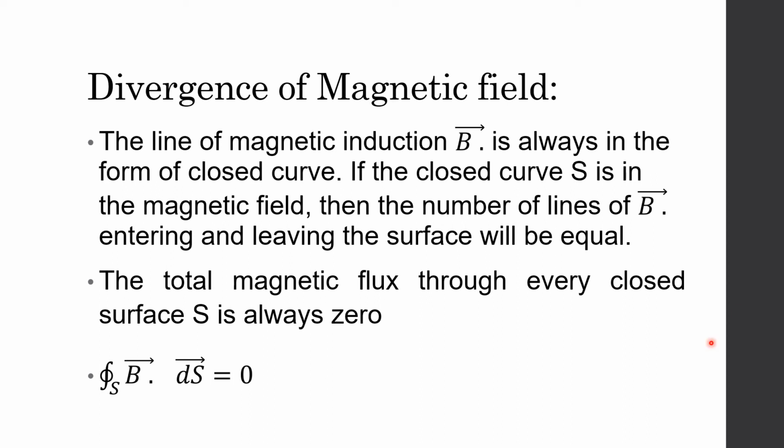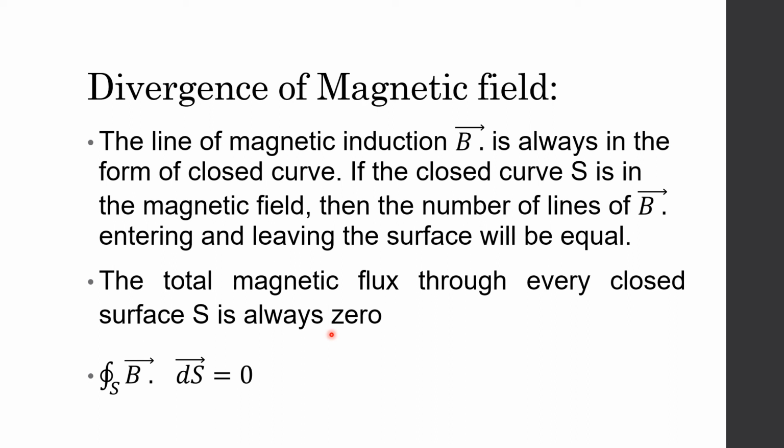So we can write that the total magnetic flux through any or every closed surface is always 0.